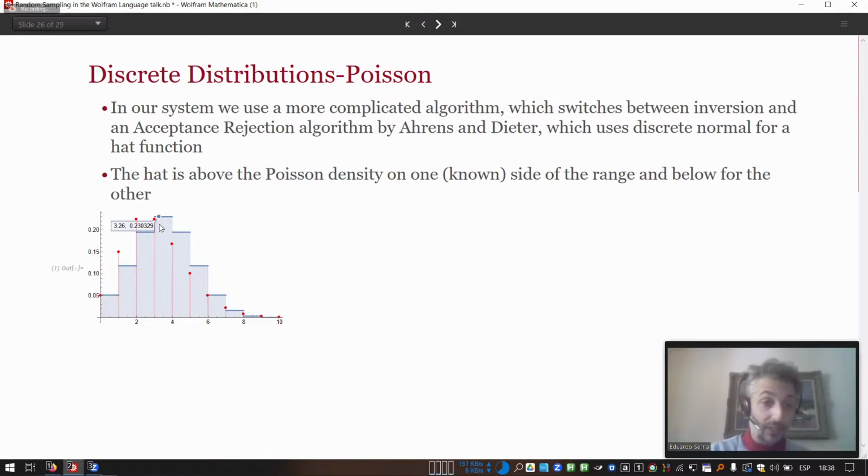So you can split the range in two, compute a certain constant to majorize these numbers, and then we can use that. And this hat function will actually be very, very close to the actual PDF, so this algorithm will be very efficient and have very few rejections.